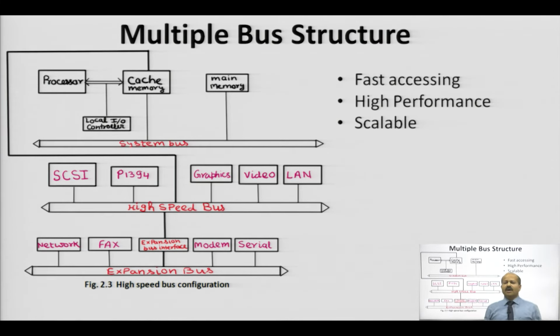So, a special or different bus, that is the expansion bus, is used to connect more number of components, and this bus is connected with the system bus through an expansion bus interface. And there is one more bus dedicatedly used to connect those components which require high capacity of data transfer.